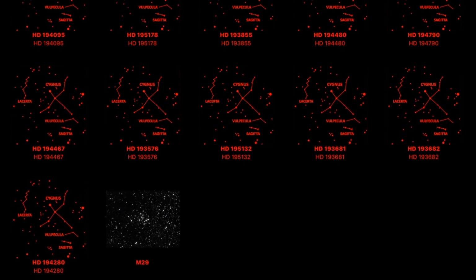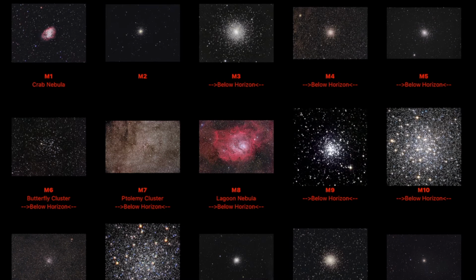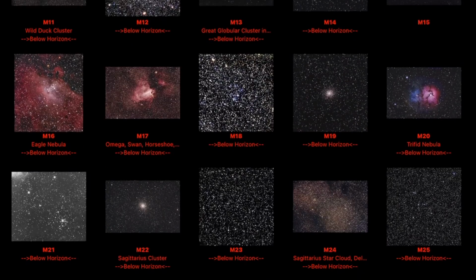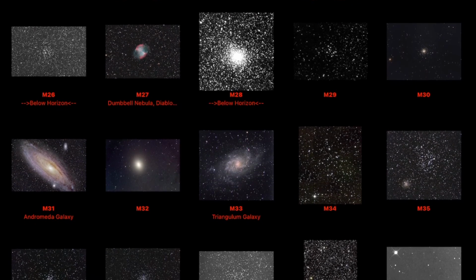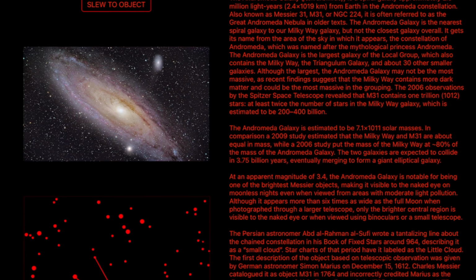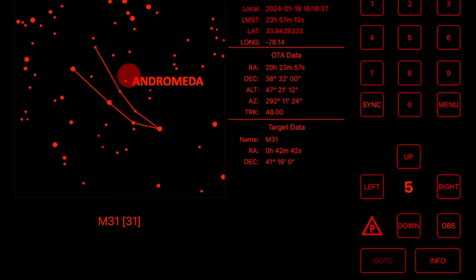It also pulled up M29, which I think is where we're at. So we could go to any of these stars we wish, because they're in that local area. Let's do a Messier object. It's probably below the horizon. We'll go to Andromeda.